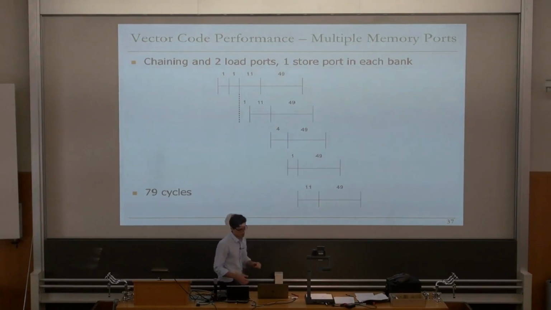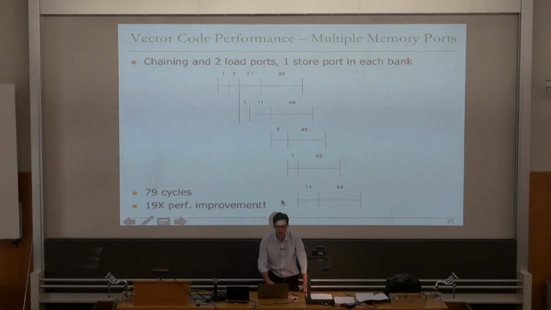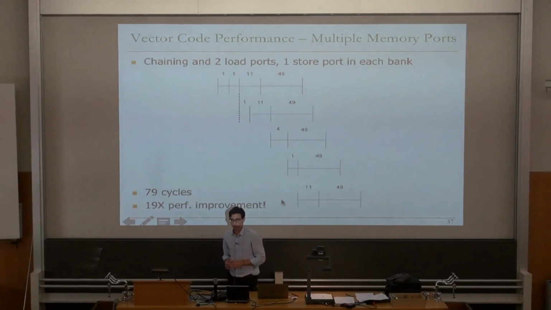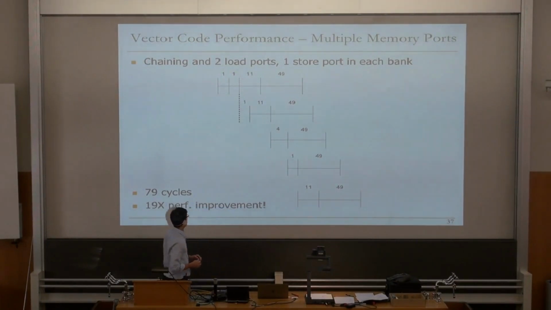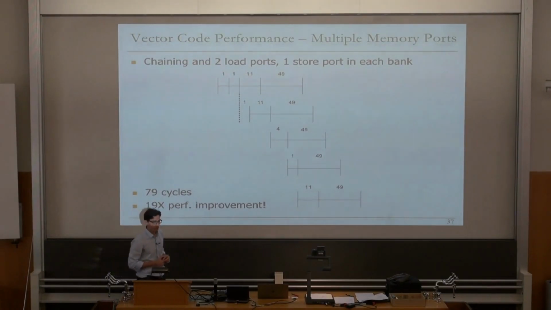Only 79 cycles, because as you see, we don't need to wait for the entire vector load to finish in order to start with the second vector load, same as we don't need to wait for all these vector loads to finish in order to start with the final vector store. And that's why we are able to improve the performance of this code by 19 times compared to the scalar execution. Okay?